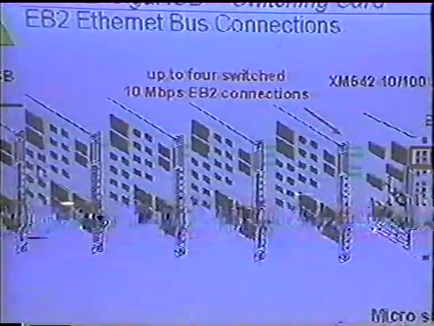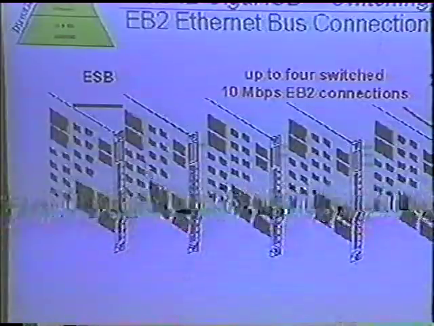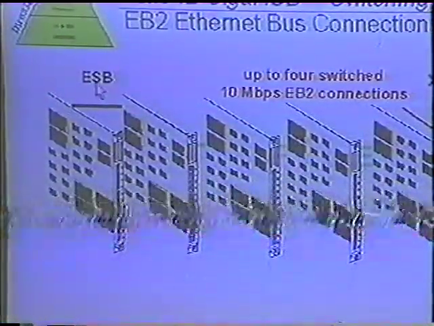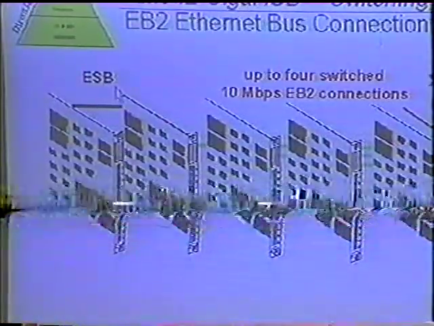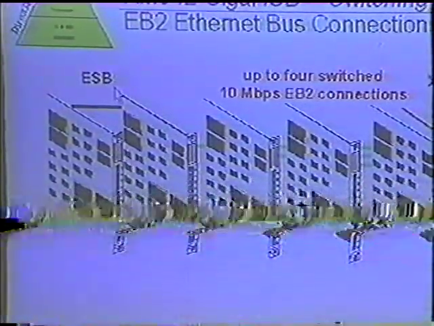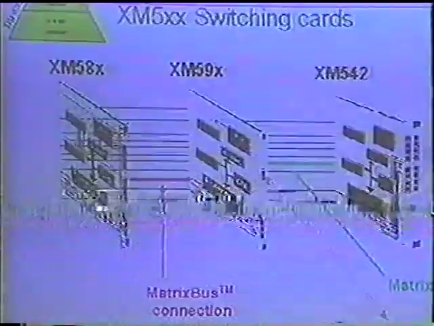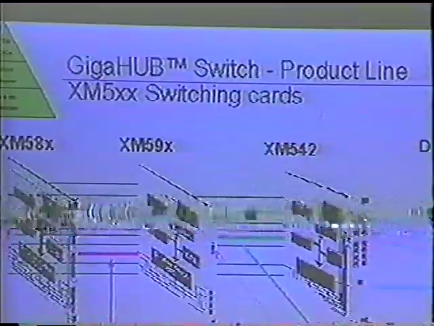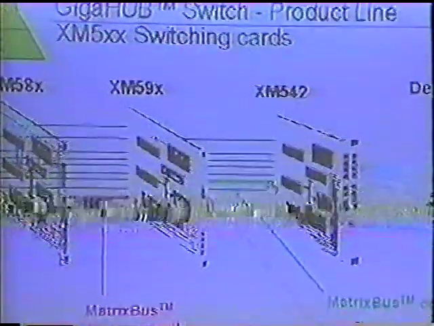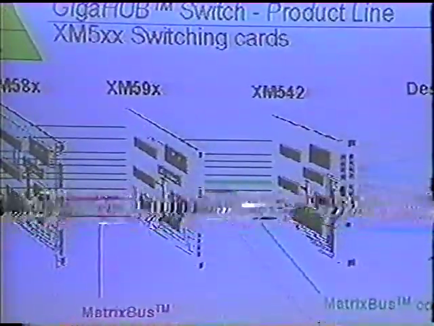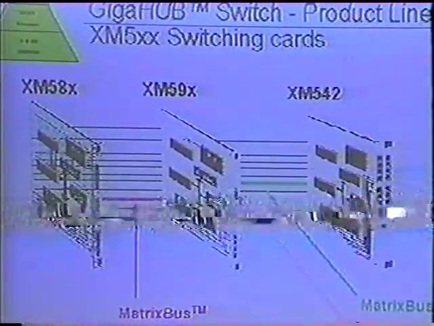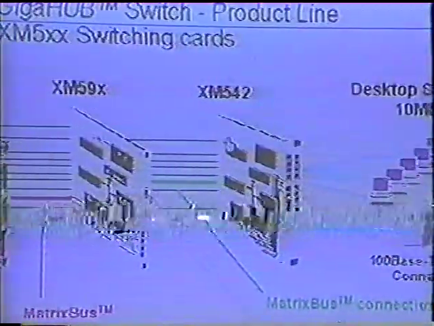And you can also make a bigger repeater by tying 2 of the cards through another bus called a synchronous Ethernet bus. So this is how we connect the repeater cards into the switching machine. Here again, you see how we tie several switching cards. I showed it schematically before. You have the central switching card connected internally into the matrix bus to other switching cards.